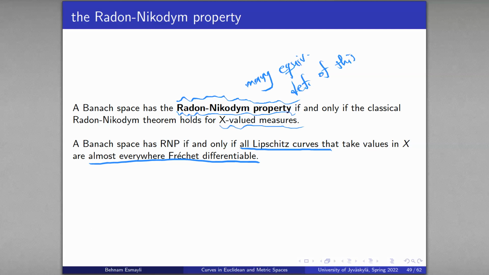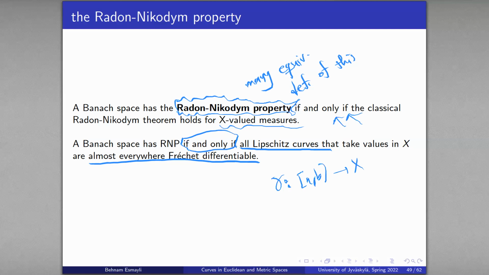Okay, there's a lot to be unpacked here. That's one definition that I chose here because it justifies the naming. And looking at this, one doesn't see any connection to curves or Lipschitz curves, but it's interesting that it turns out that the Lipschitz curves into a space have the Rademacher theorem if and only if your space has this Radon-Nikodym property.